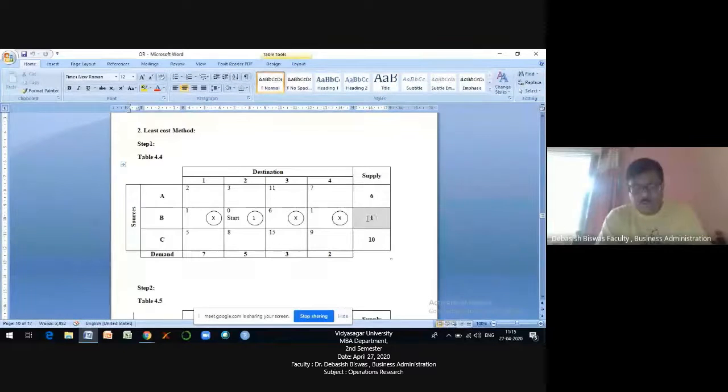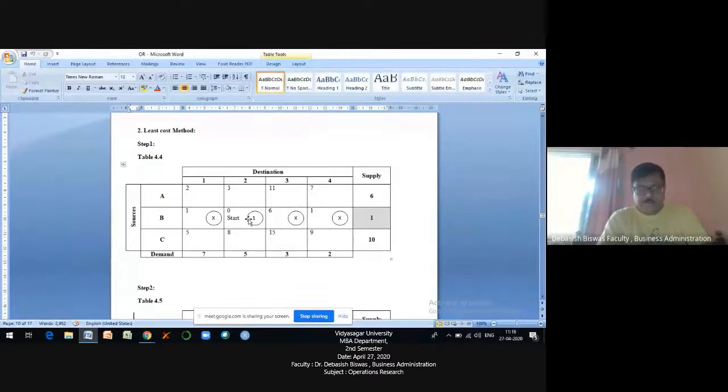So when we move to table number 2, we will not consider this row in the second table, because the supply has now become 0, as 1 has already been allocated to this particular cell where the 0 element is present.